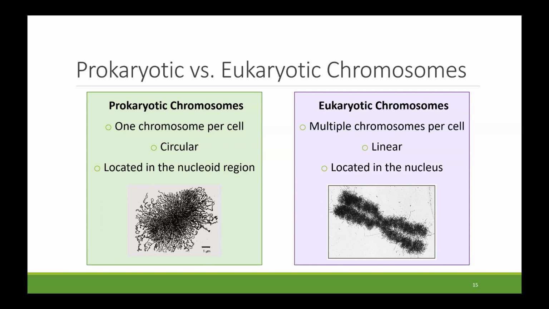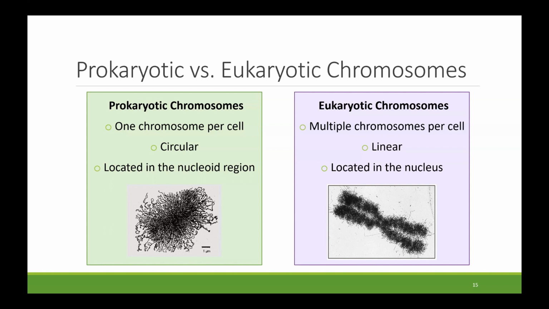And here on the right-hand side in the purple box, you can see an image of a eukaryotic chromosome, also as seen under an electron microscope. And you can see that the shape is also different from the bacterial chromosome that you see on the left, but the principle is the same. The eukaryotic chromosome, even though it's a different overall shape, is made of one very long piece of DNA that has been tightly wound and shaped and coiled up into this distinct structure.